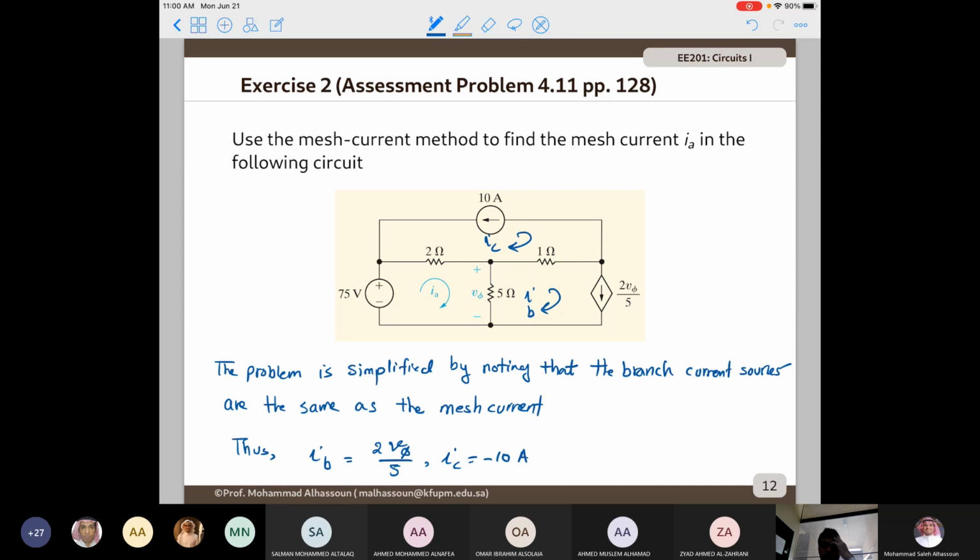You will find the equation of the second mesh. I don't need to apply the second equation for the second mesh. There is a direct way.